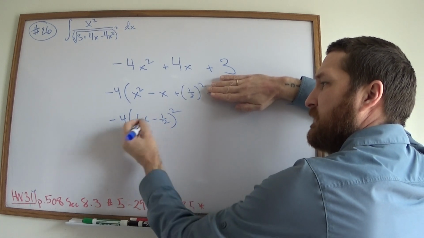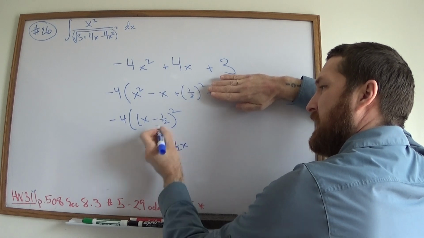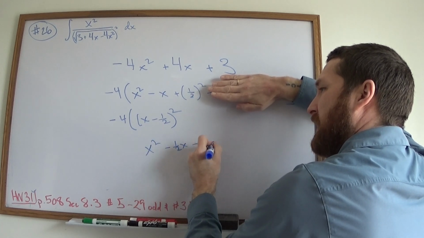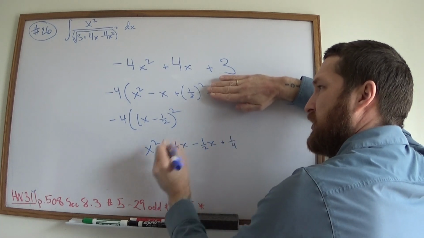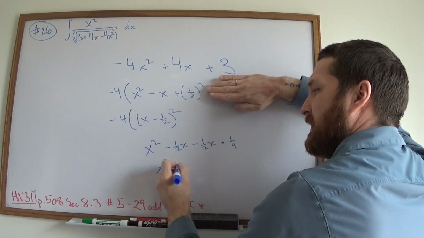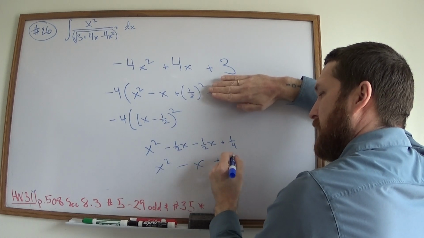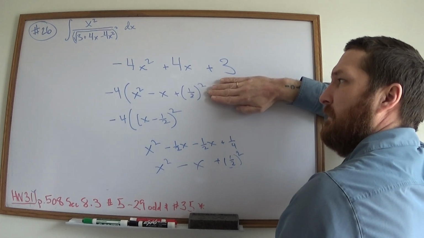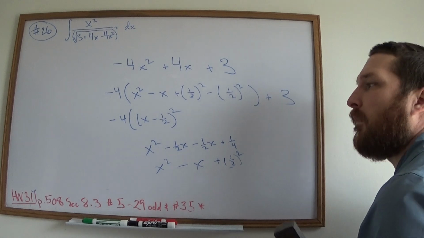First, outer, inner, last. First gives me x squared. Outer gives me minus 1/2 x. Inner gives me minus 1/2 x. The last gives me plus 1/4. And I'm going to check that that's that. That's x squared minus 1x plus 1/4, which is 1/2 squared. So yes, that's that. I haven't changed it because I added it and subtracted it in place.